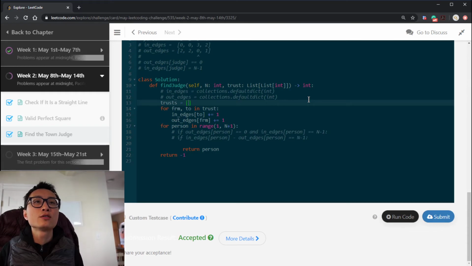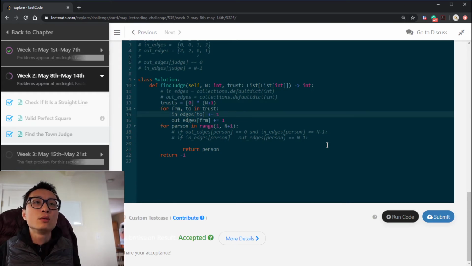I'm going to call this trusts, and use an array of size n plus 1 instead of the hash maps.